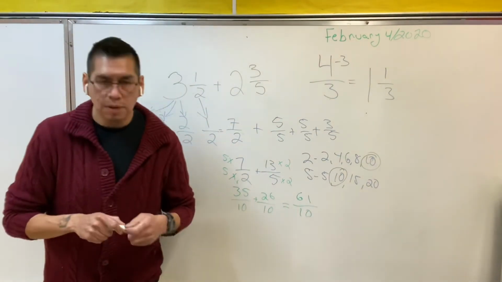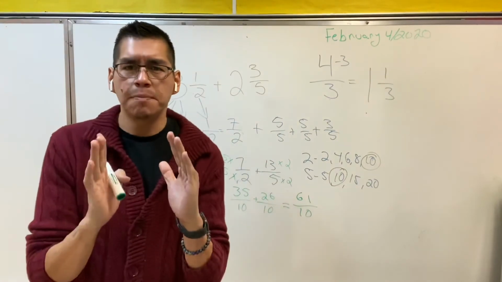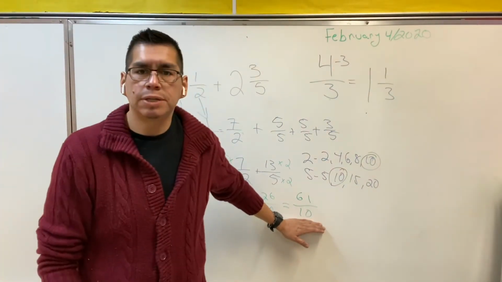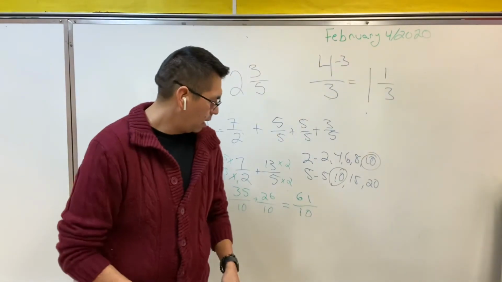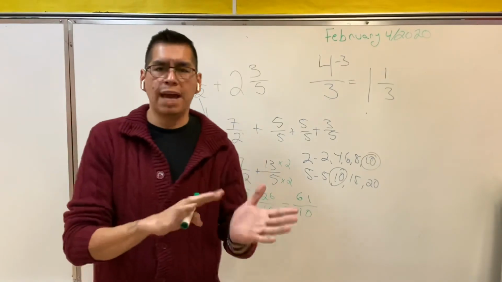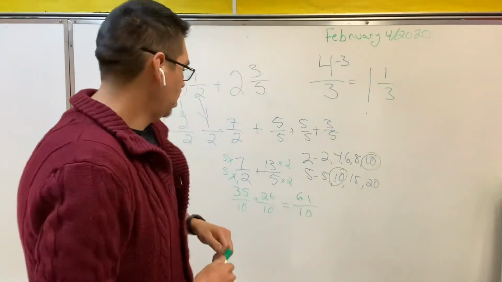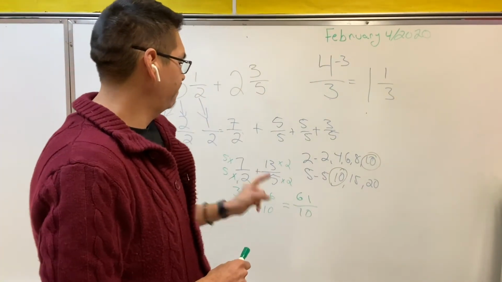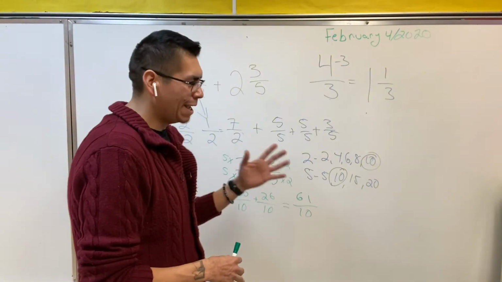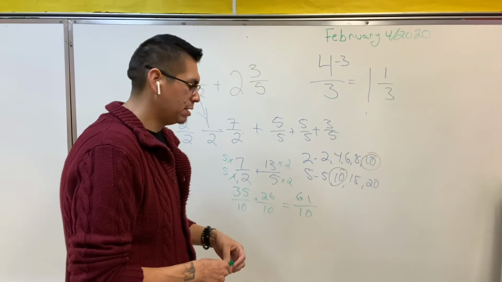Now, we can take our improper fraction, 61 over 10, and change it into a mixed number.